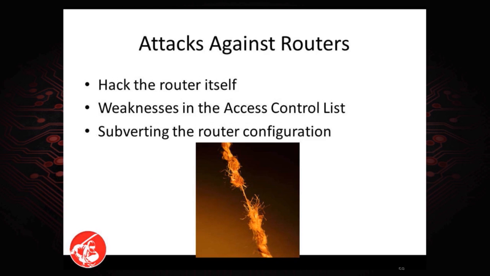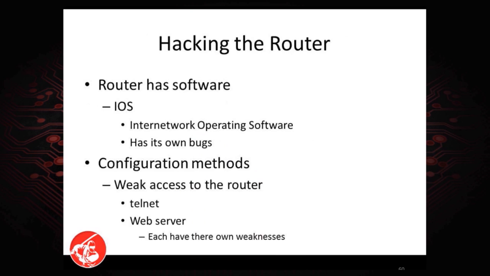Attacks against routers. We can hack the router itself. We can look at weaknesses in the access control list, which is quite common, or we can subvert the router configuration. And it's about the only things we can do against a router. Well, the good news is the router has software. It has an IOS, Internetwork Operating System, and it has its own bugs. Configuration methods, weak access to the router, telnet or clear text methods to the routers can be intercepted, and we potentially can compromise the password and get in that way.